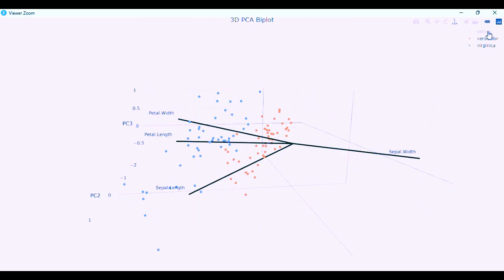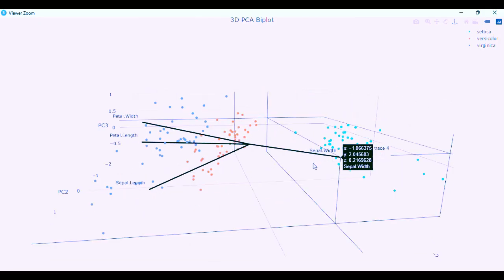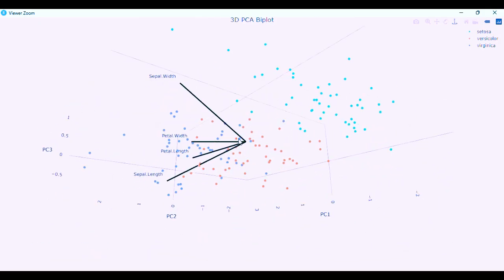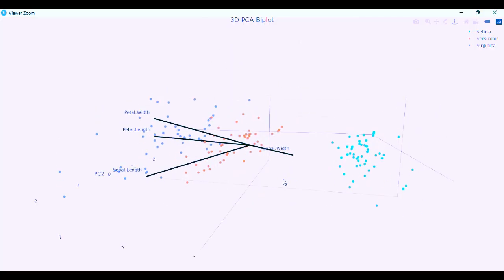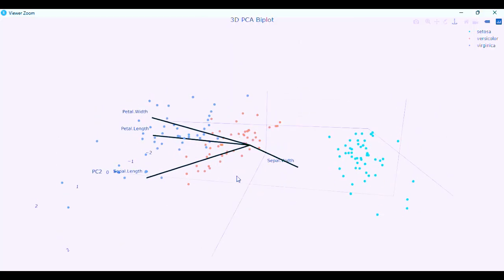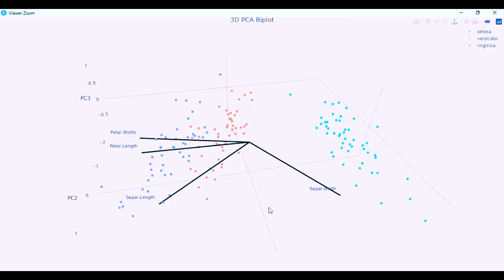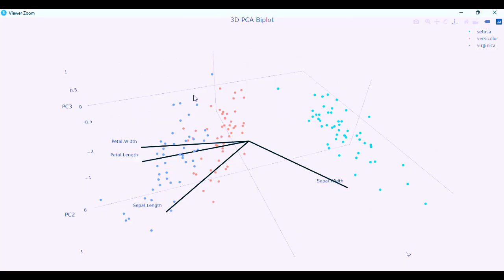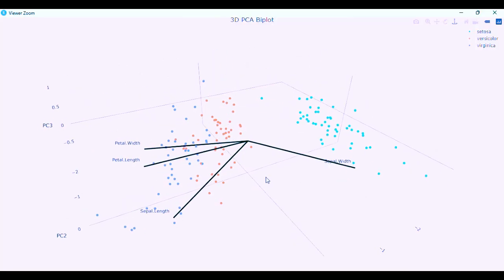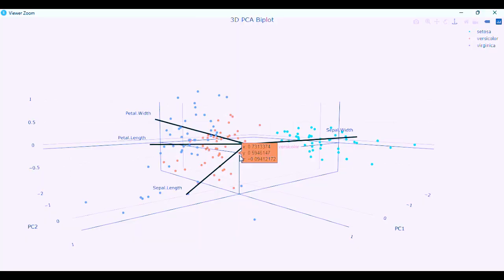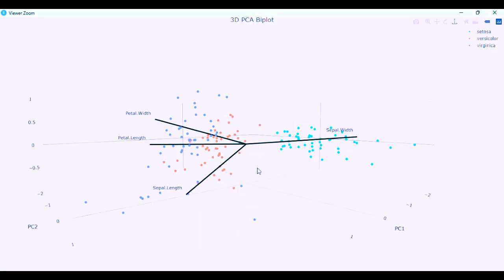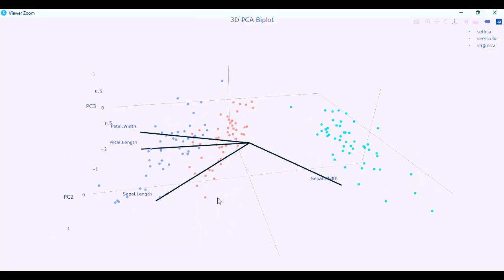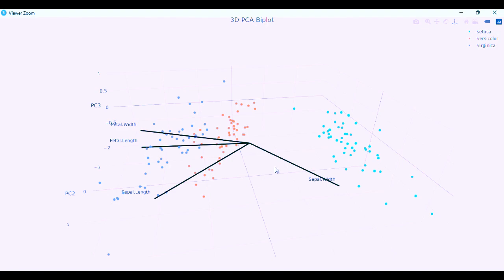I can click here to hide the distribution of Setosa. So it provides a more complete view of the multivariate structure, including the third principal component, which captures additional variance and better visualizes complex group separation.